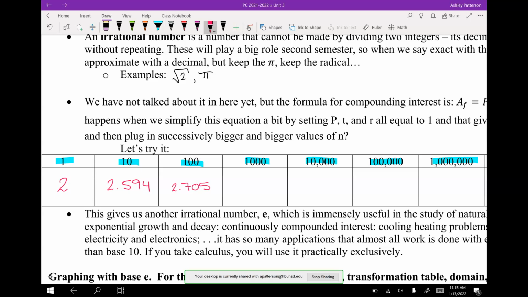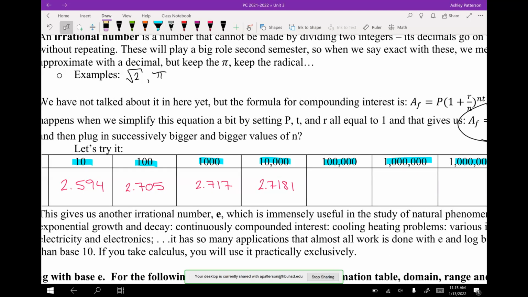Now again, if you rounded to 2 decimal places, that's fine. For the next one, 2.717, yes? And then 2.7181, yes? All right. Well, it seems like we're getting a little bit closer to a specific number.